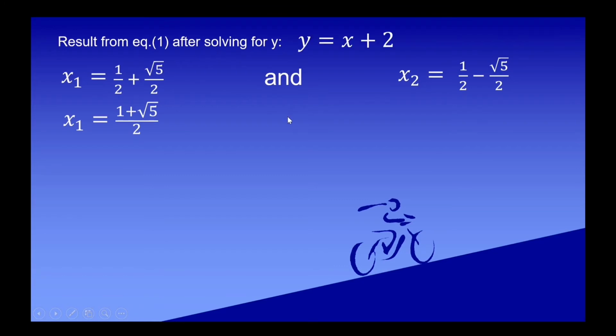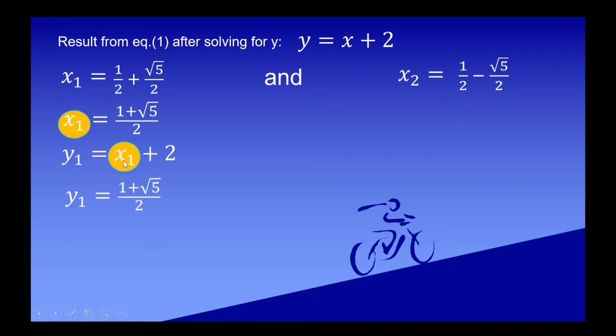So the value of x sub 1 is equal to 1 plus square root of 5 over 2.